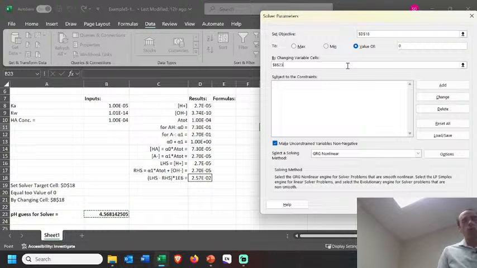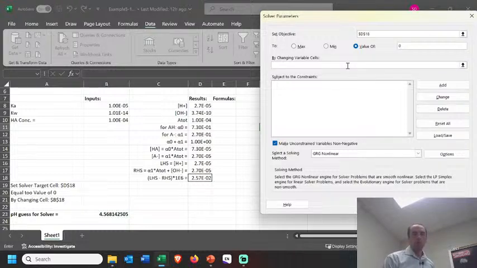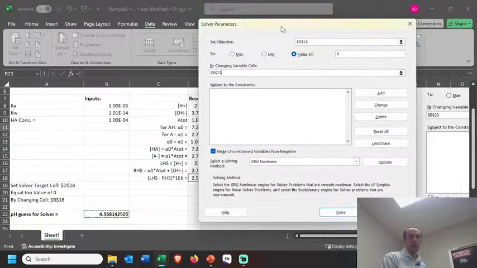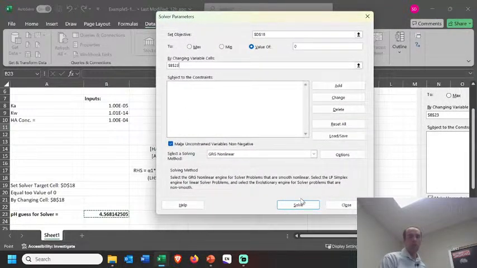So it can do more complicated things, and then it's going to be doing a suite of experimenting, trying different variables, iterating through the process to try to get close to 0 or close to whatever number you set. In our case, we're just varying the pH. Okay, so then we target that cell, right? So that would be B23 in this case. Okay, that's about it. So at that point, we will just hit solve.